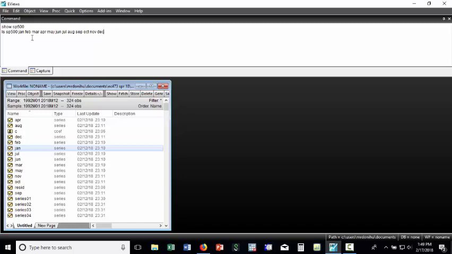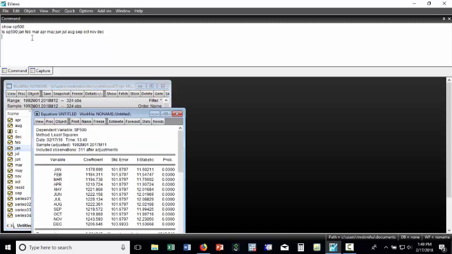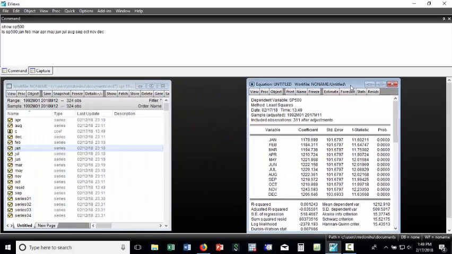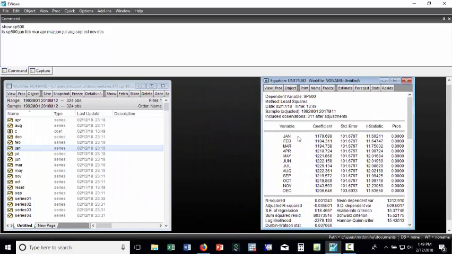Notice that I haven't included an intercept term. You're going to check your understanding of econometrics here, but when I run this regression, I don't have to worry about perfect multicollinearity. And in fact, what I get are the mean values for each of the 12 months of the year. The seasonal mean for the S&P 500 in January is 11769.